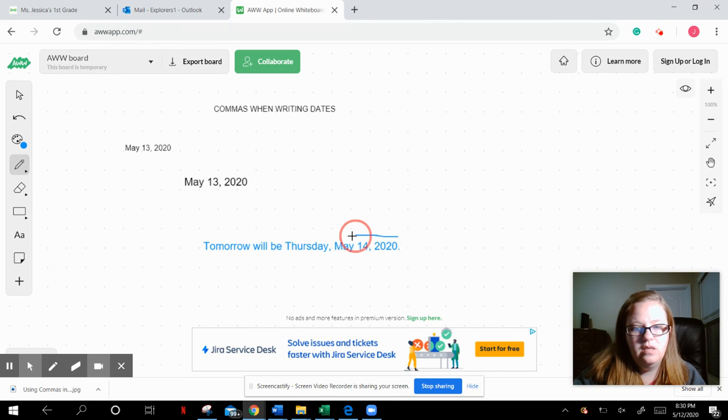Right here, you can see my date of May 14th, 2020. And I have a comma right there between my 14 and my year of 2020. Now, I always am going to put a space there because we don't want it to look like it did before when all those numbers were jammed together. So it's going to be the month, the date, a comma, and then the year.